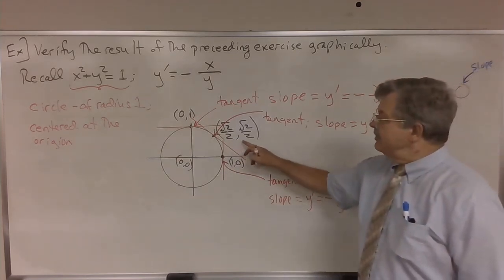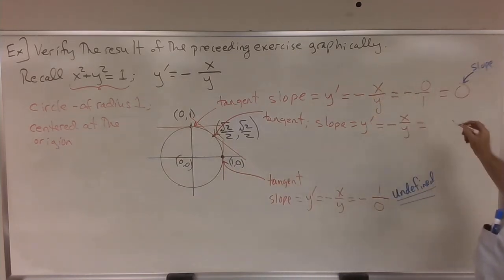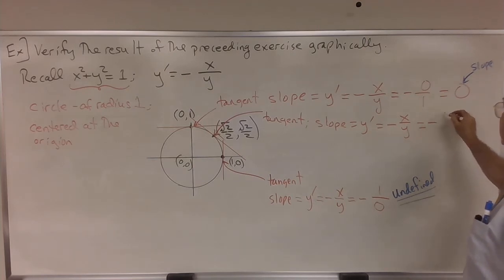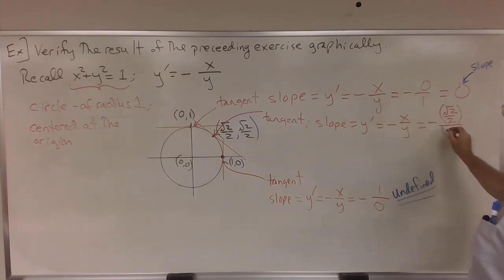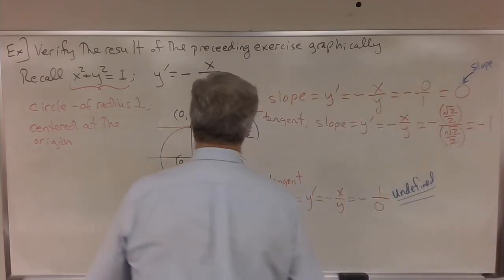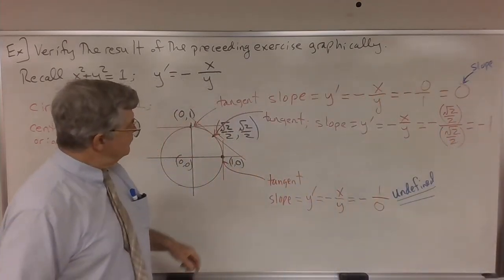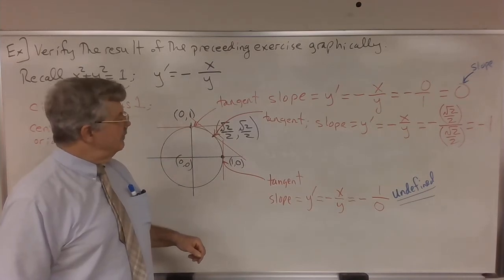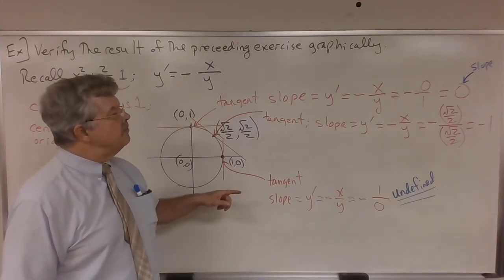And here x and y are both square root of 2 over 2. So negative square root of 2 over 2 over square root of 2 over 2 is negative 1. Well, let's see. The slope is negative 1.